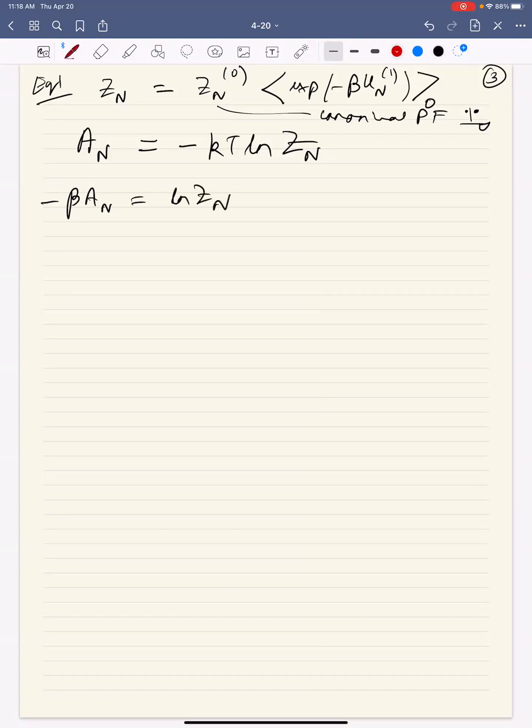If I take the ln of this thing, what's going to happen? That's going to be ln of Zn0 plus ln of exp minus beta Un1,0.